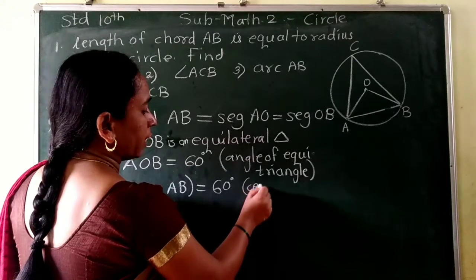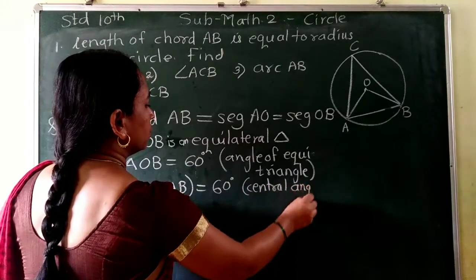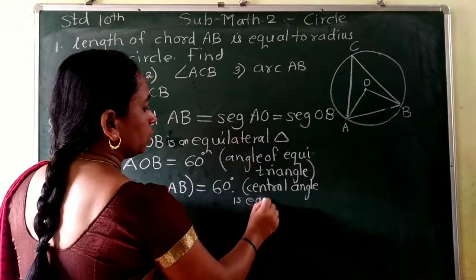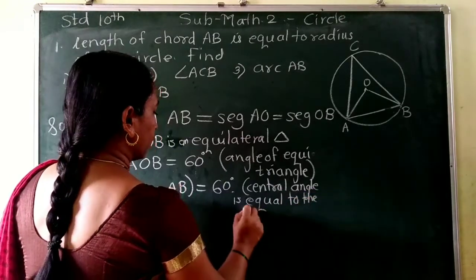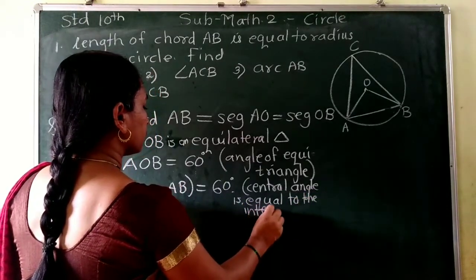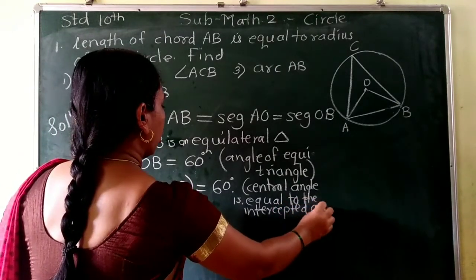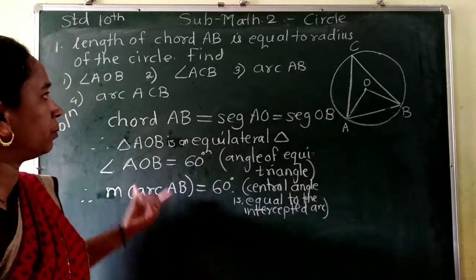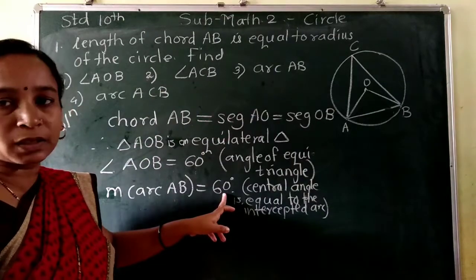Reason: central angle is equal to the intercepted arc, or you can say the corresponding arc. Now we have got the answer for arc AB, that is the third answer, that arc AB is equal to 60 degrees.